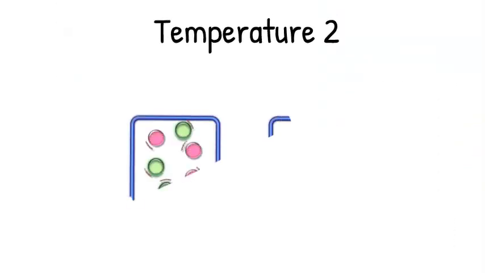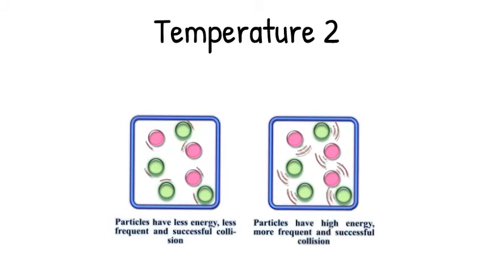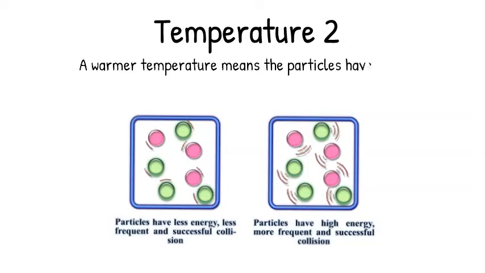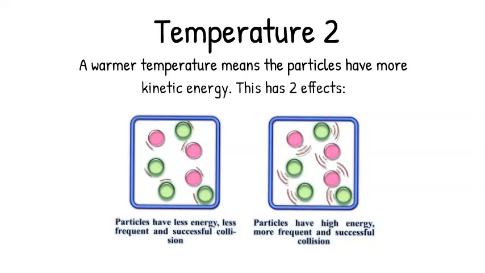Now let's take a closer look at why one of those graphs was steeper and faster than the other. Obviously, we're looking at temperature. A lower temperature on the left in this diagram, the particles have less energy, and at a higher temperature, particles have more energy. An increased kinetic energy means the particles are moving faster in this case because their mass doesn't change. And this has two effects.